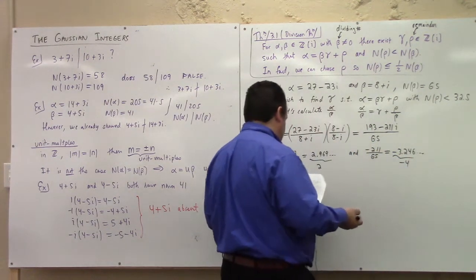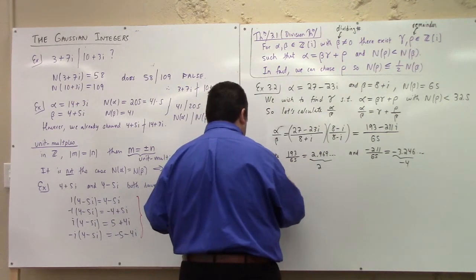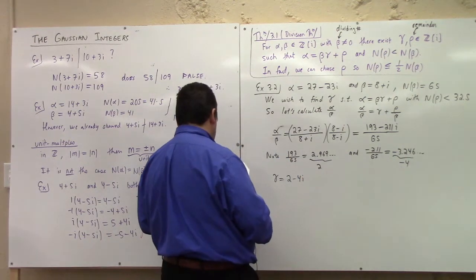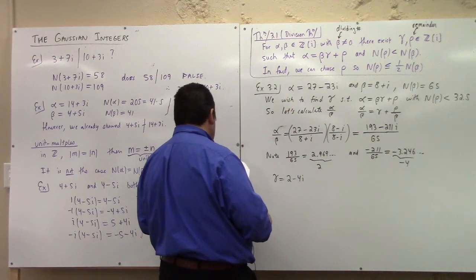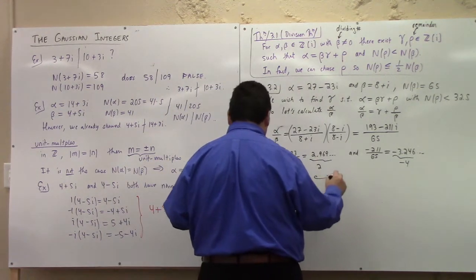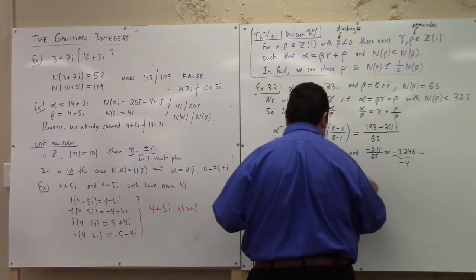And those would be bad choices, because if you did try gamma equal to 2 minus 4i, we get alpha minus beta times 2 minus 4i.